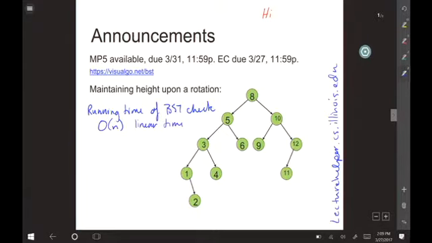So, for example, if instead of just printing out or looking at each of the values in the traversal, you did more work at each node, then it's possible the running time would not be linear. But if you do a constant amount of work at each node during a traversal, then your algorithm will be big O of N, or proportional to the size of the data.